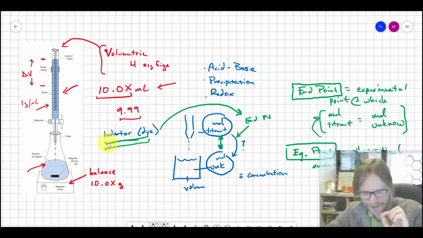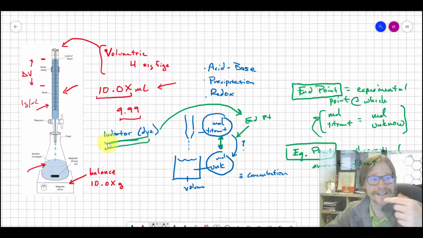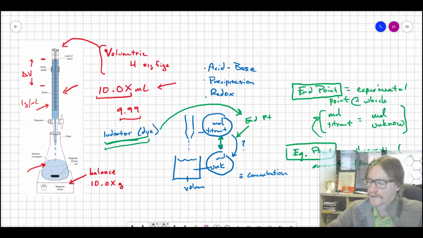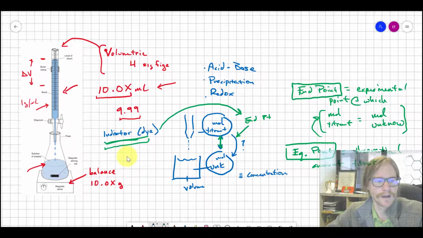It takes an infinitesimal small amount of change beyond the equivalence point for us to see the change, to actually see the indicator dye change, in which case the endpoint is always going to be just an approximation of the equivalence point, simply because of the error associated with the mechanism by which we're detecting that point in the volumetric titration.